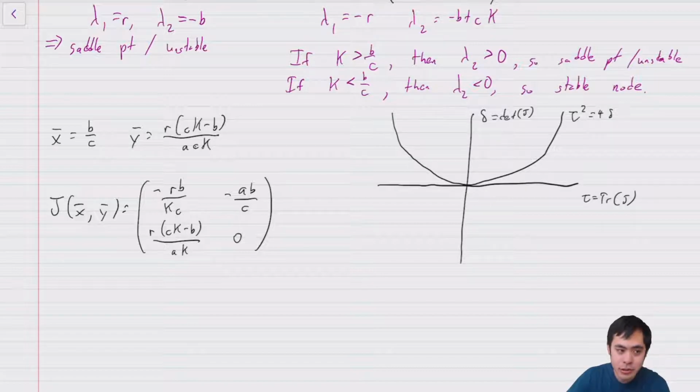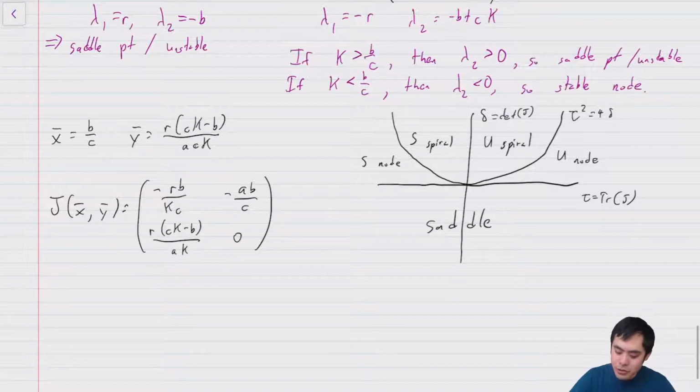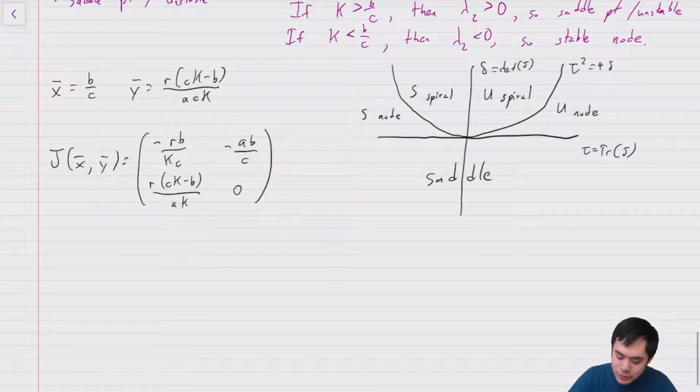Here we had a stable spiral on this side, an unstable spiral on this side, an unstable node here, a stable node here, and a saddle point down in the lower half plane. So this was our stability diagram, and now all we have to do is take a look at the trace and determinant of J.